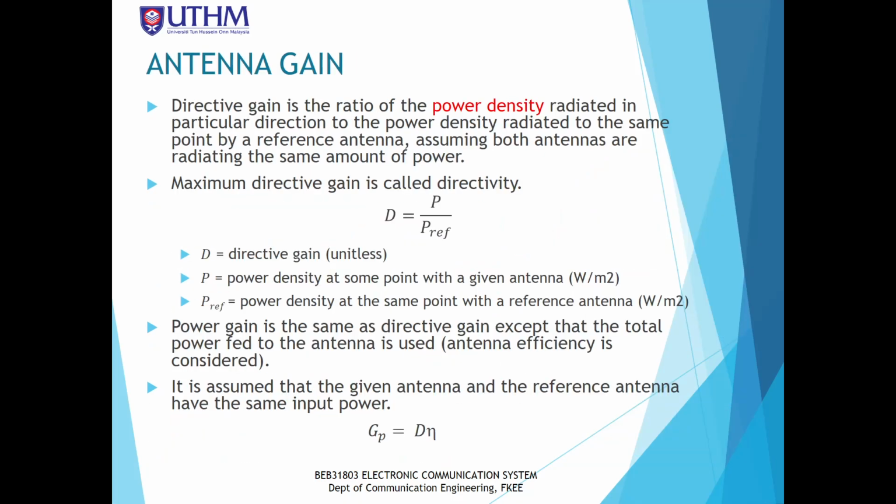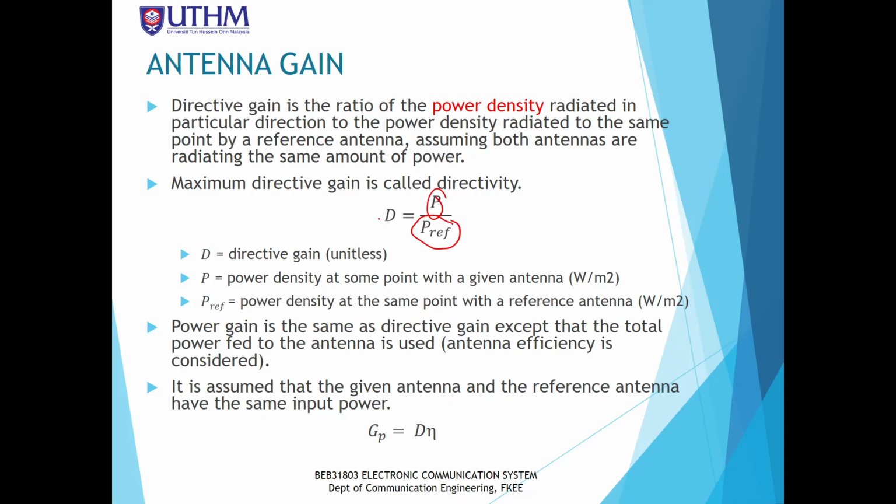Okay, and antenna gain. First is the directivity gain, which is equal to the power density at some point of the given antenna divided by the power density of the reference antenna. So this is the power density of the real antenna divided by the power density of the reference antenna.